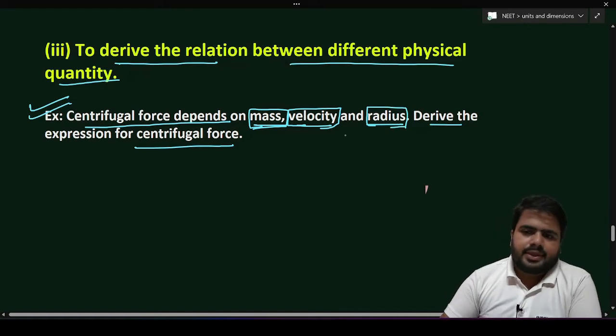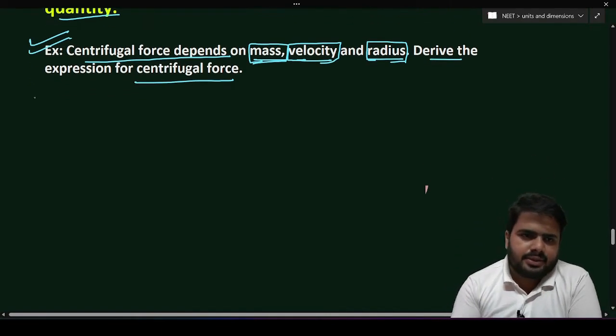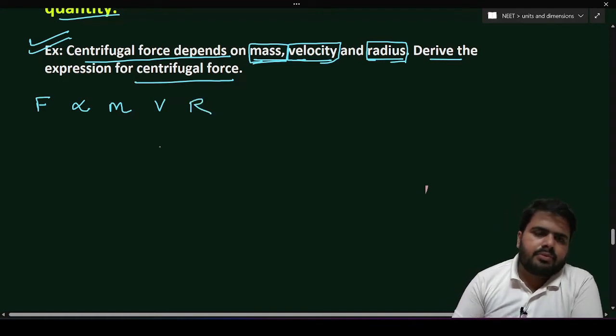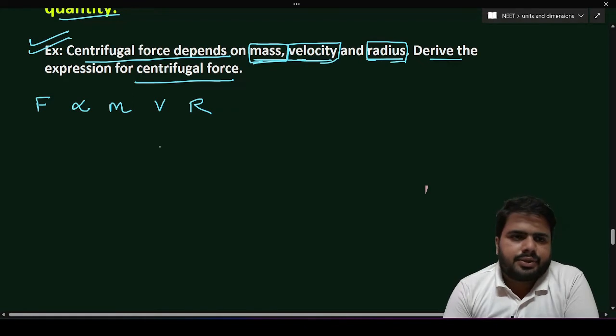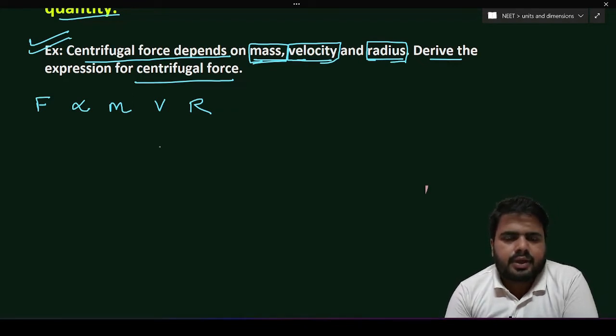As per the question given, we will write centrifugal force F is proportional to mass, velocity and radius. But you see that we don't know how it is proportional or how it depends.